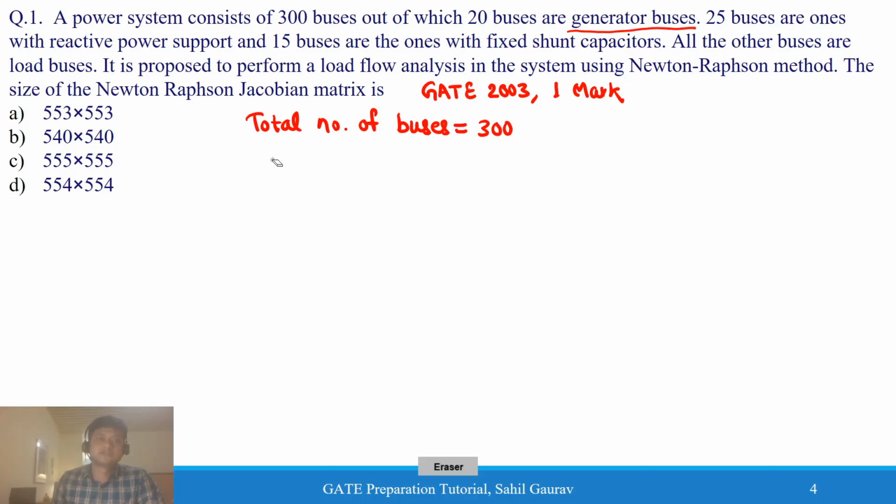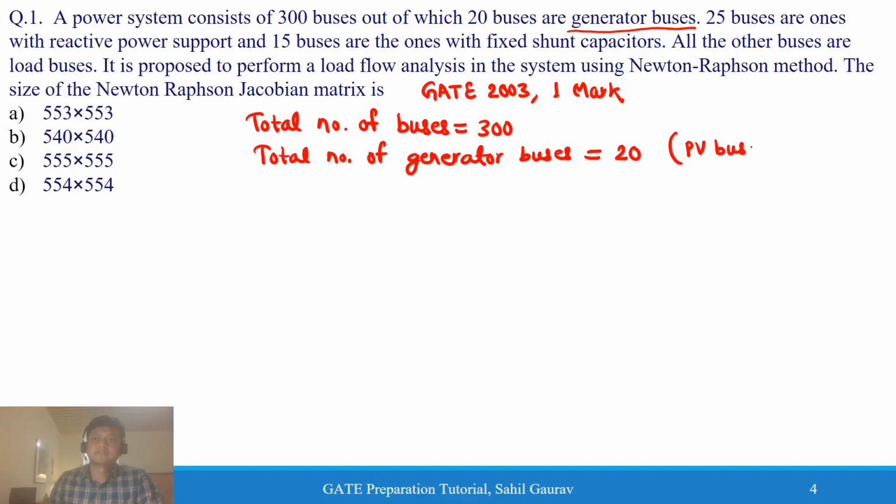So the total number of generator buses is equal to 20, that means PV buses plus 1. 19 are PV buses and 1 is the slack bus.